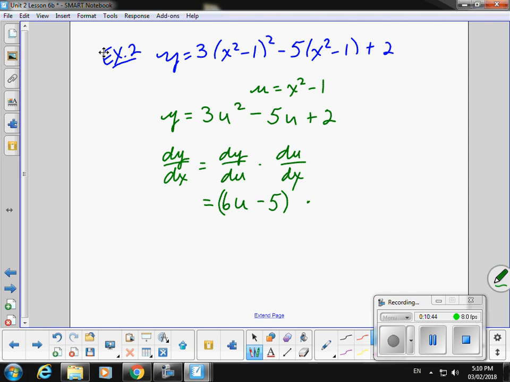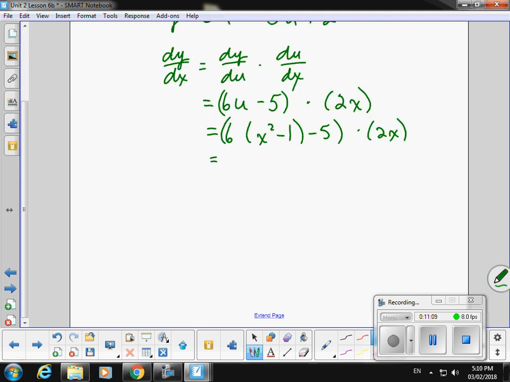The derivative of u with respect to x is just 2x. Fantastic. I don't like that there's a u in here and an x, so that gets a little bit confusing. I'm going to replace that u with x squared minus 1 and multiply that by 2x. No mental strain. I've got the derivative of something quite ugly.